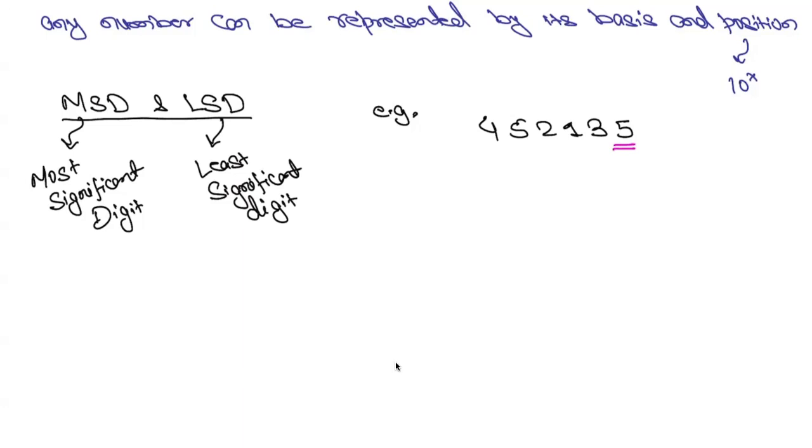Why? Sir, it is repeating. No, what do you mean by repeating? Take it as 6 instead, now tell me. Sir, 4 is the most significant digit and 5 will be the least significant. 4 is more significant because the value of 4 will account larger than the 5.